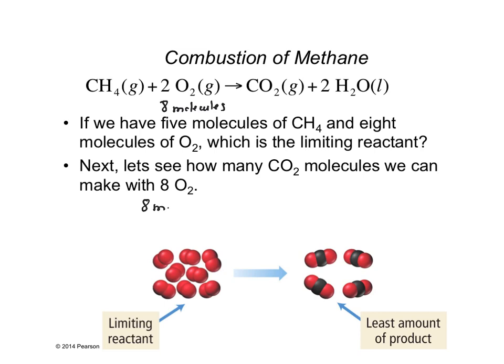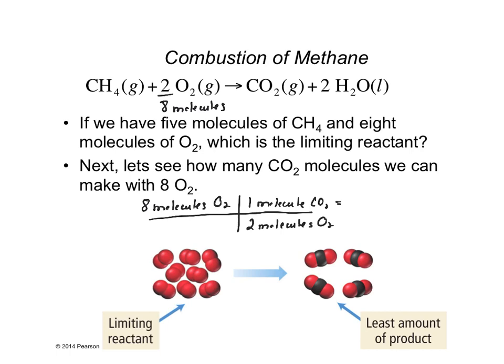So if we have 8 molecules of oxygen, what is the numerical relationship between oxygen and CO2 production? For every 2 molecules of O2, because we have a 2 here, we make 1 molecule of CO2.